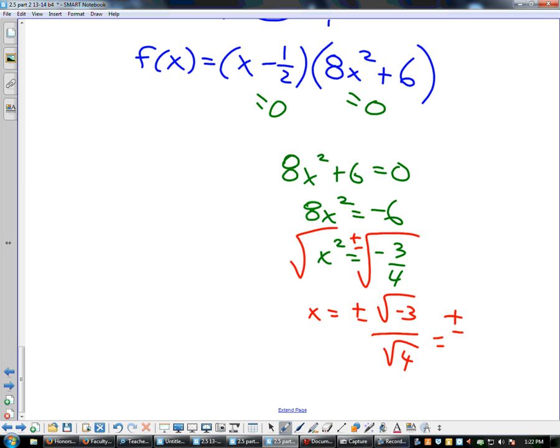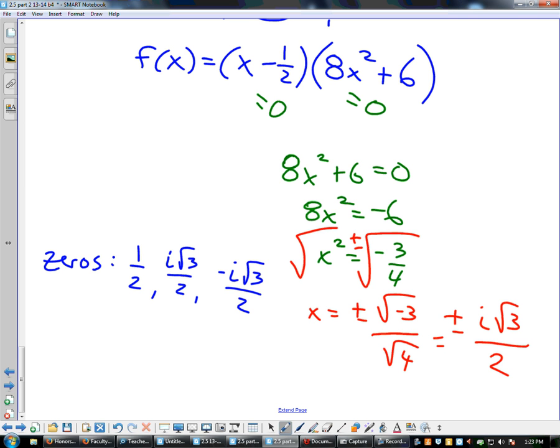That's going to be plus or minus i times the square root of 3 over 2. And so I think that when we make our list of zeros, we would say the zeros are 1/2, i rad 3 over 2, and -i rad 3 over 2. So we had 1 real and 2 imaginary zeros.